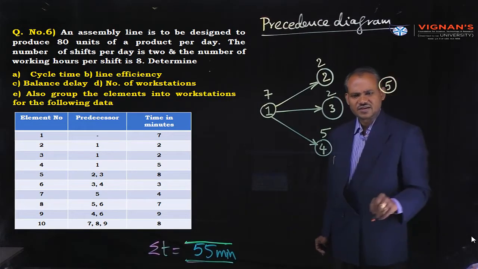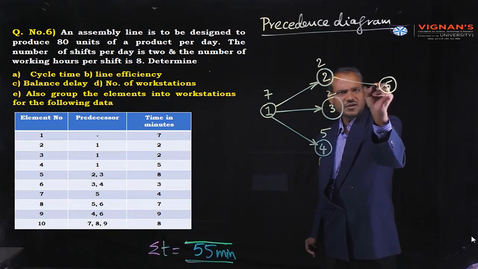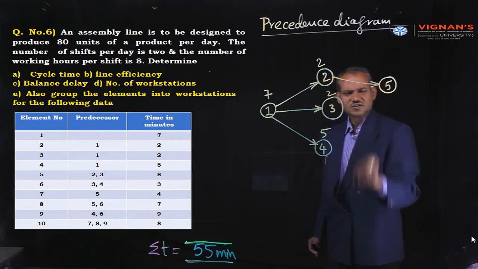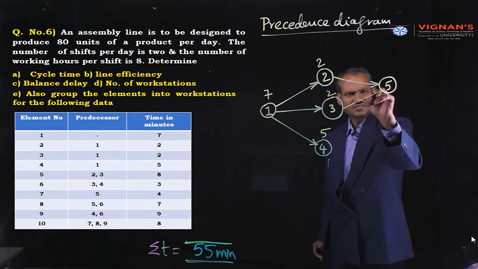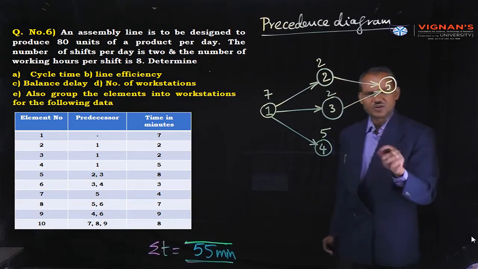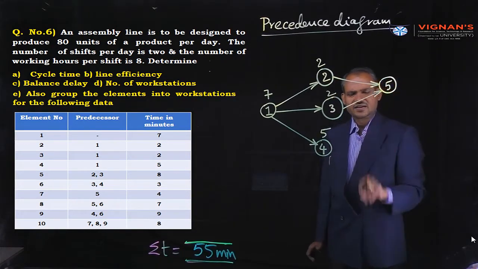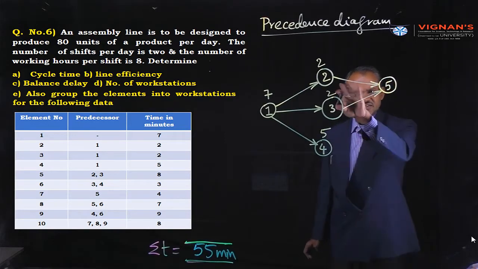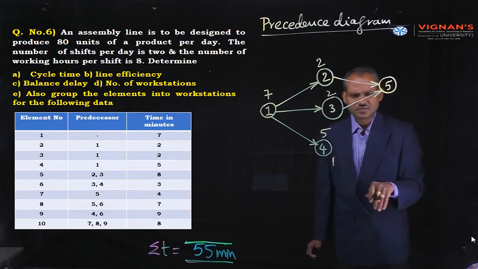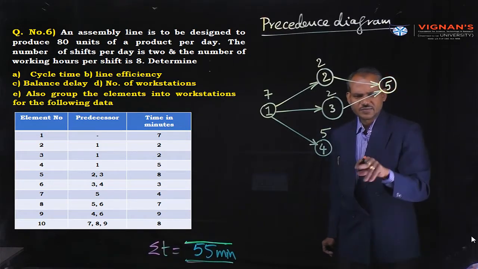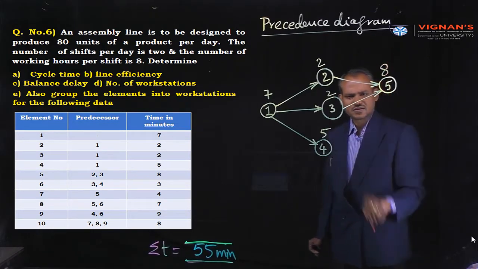Within this circle, write 5. Draw arrow marks. Arrows should be straight, not bent or curved. The length of the arrow has no significance. You can take any length, but it should be straight. Work element number 5. This time is 8.